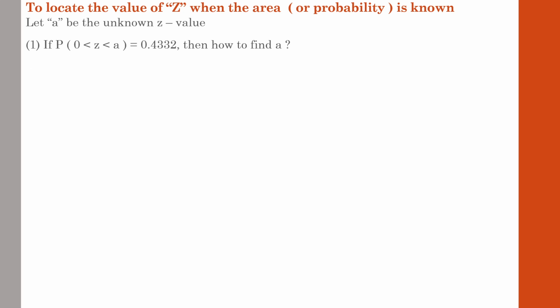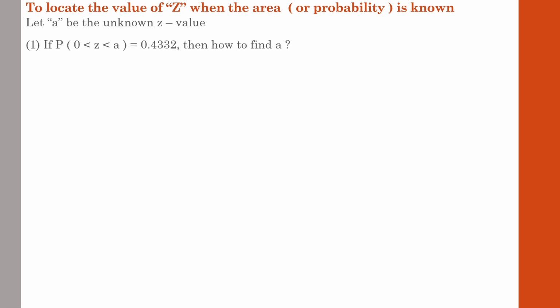And let this be a case with regard to that. You may come across a question where the probability of 0 less than Z less than A equals 0.4332, and you have to find the value of A, or in simple terms you need to find the Z table value.